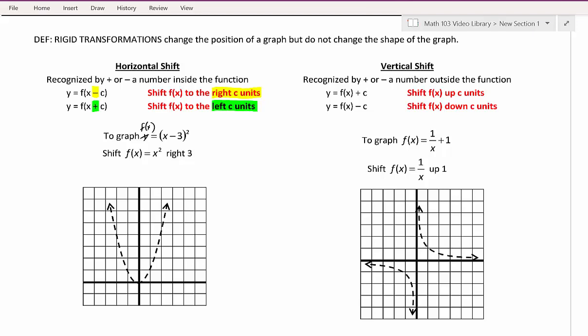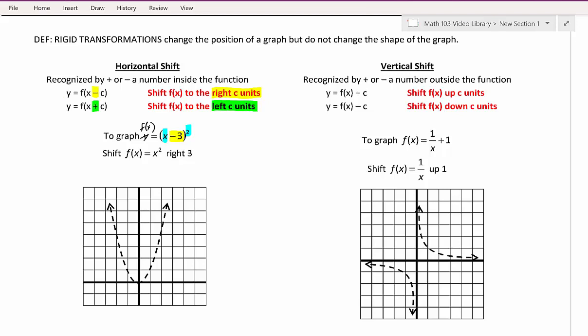So to get the parent function, you want to look at x and whatever's going on, whatever exponent there is, whatever radical there is, that tells you what the parent function is going to be. So we have an x and an exponent of 2 tells us x squared is the parent function. Then that minus 3 on the inside tells us to move that many units to the right. So we're going to be shifting f of x equals x squared 3 units to the right.